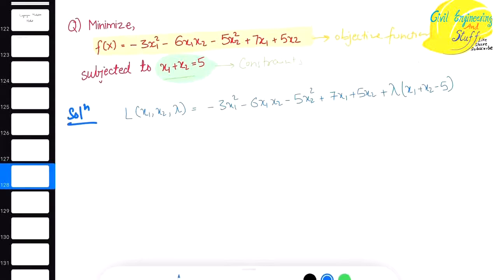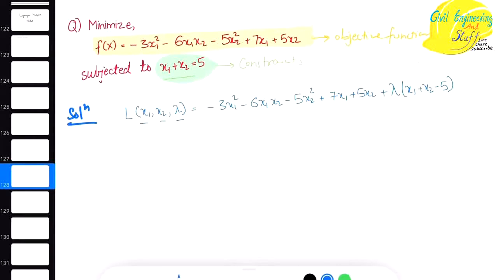Okay, so this is our Lagrange's equation. The next thing we have to do is a partial differentiation of this equation with respect to the variables of the equation. We have three variables: x1, x2 and lambda. So we are going to differentiate with respect to x1, x2 and lambda.